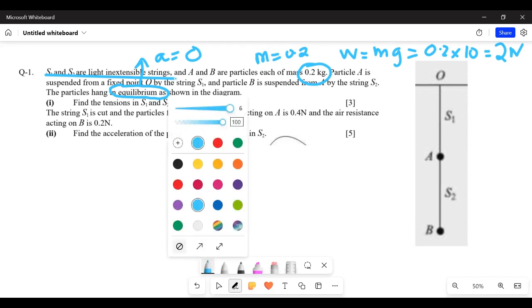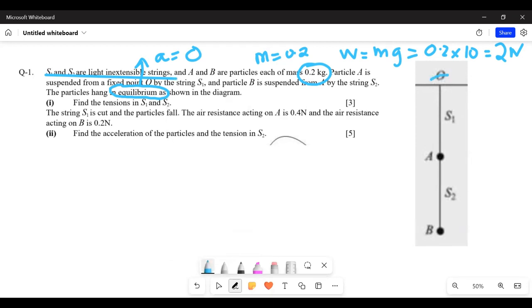Let's first look at S1, this string. Now, this string is actually carrying two weights, the weight A and also the weight B. So for string S1, it's carrying two weights.